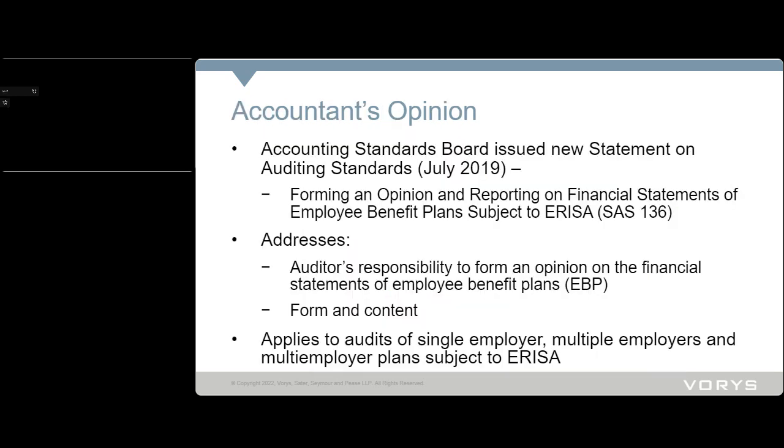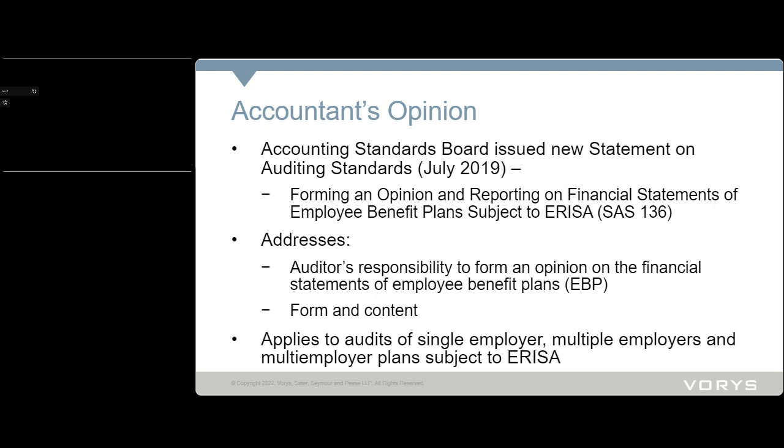But we're going to go ahead and talk about the changes, assuming that you are required to submit an accountant's opinion. So let's start with what happened. The Auditing Standards Board issued a new statement on auditing standards in July of 2019. It's called Forming an Opinion and Reporting on Financial Statements of Employee Benefit Plans Subject to ERISA.